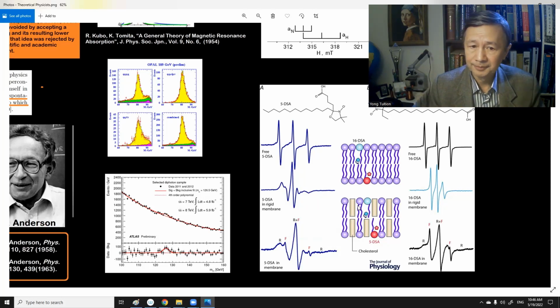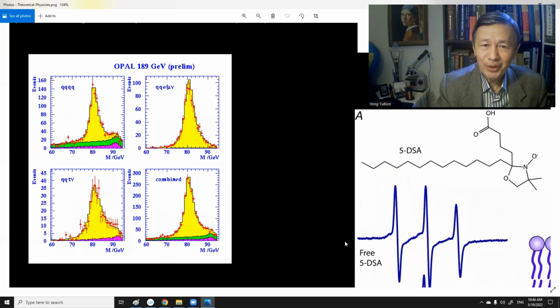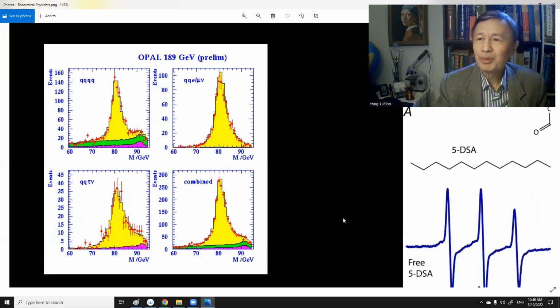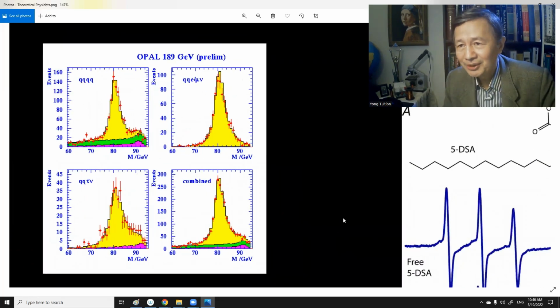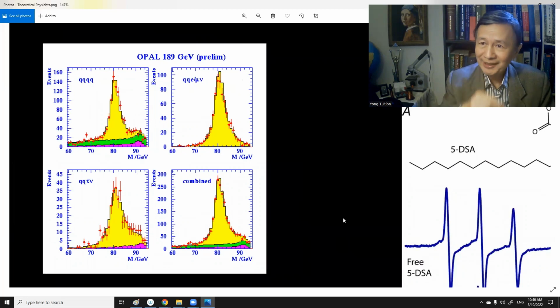By way of contrast, this is the experimental result for the discovery of the particle that Samuel Ting made in the 1970s. That is how the peak looks. It's okay, we still can see the peak.